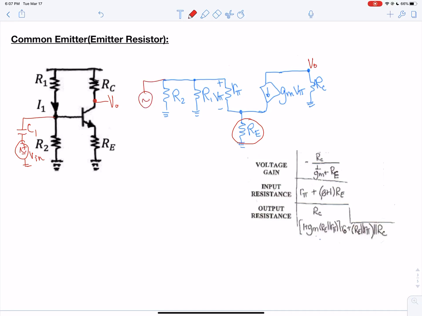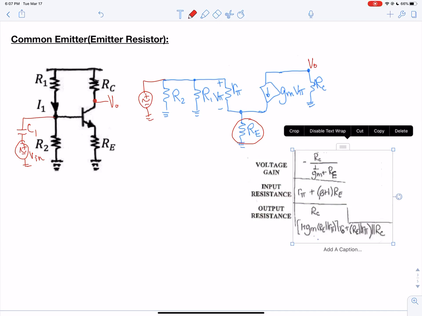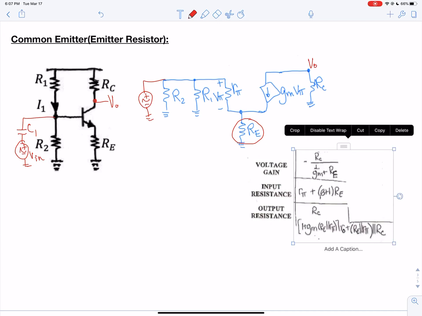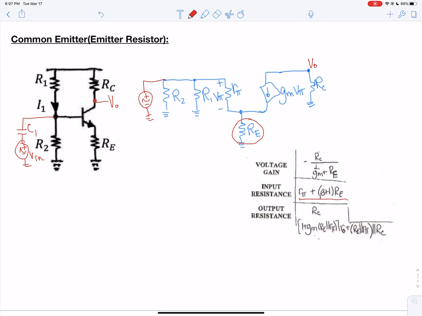And so again, your input this time is going to have the resistance reflection rule, so you have R pi plus beta plus 1 times RE, so you get a higher input resistance, and that's the advantage of this one, but your output voltage is a little bit lower because you have the division of the 1 over GM plus RE.